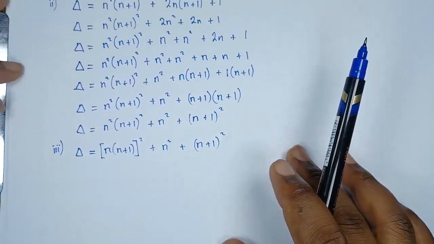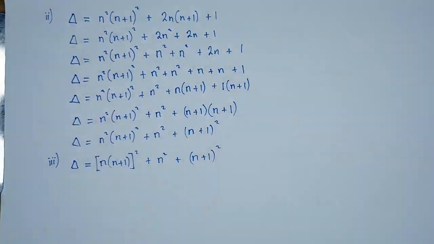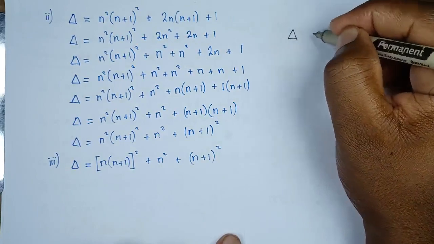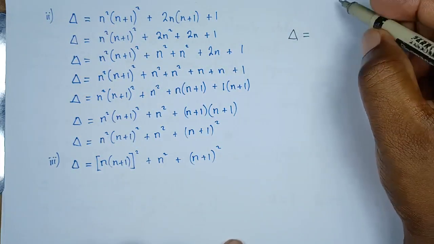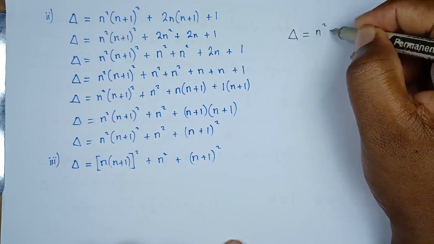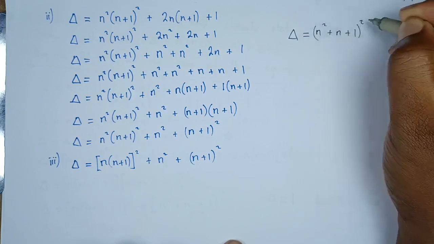I want us to understand it. So we can say, the determinant is given by, remember the simplest form? The simplest form is (n² + n + 1) squared.